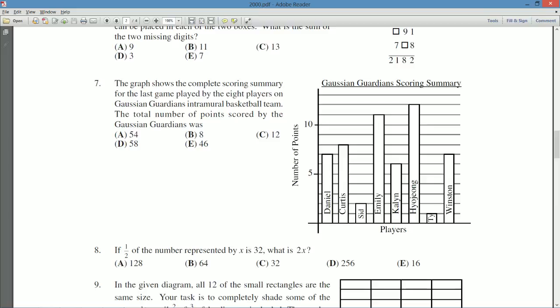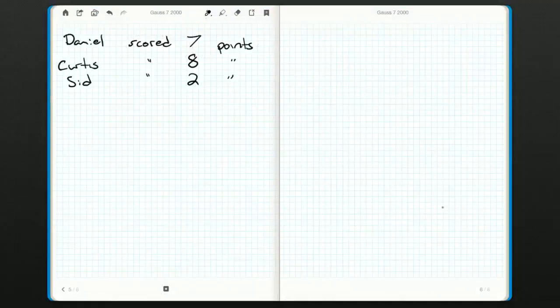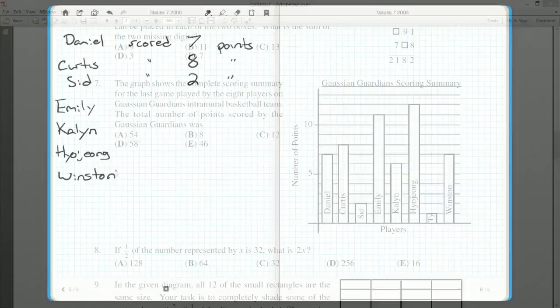Callan is next after that. So we'll have Emily, we'll have Callan, we'll have Hyojung, Ty, and Winston. So let's write those names down. Hyojung. I think it was Winston next, or maybe it was Wilson.